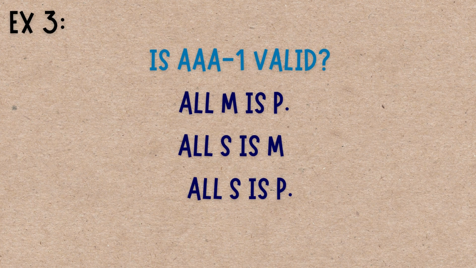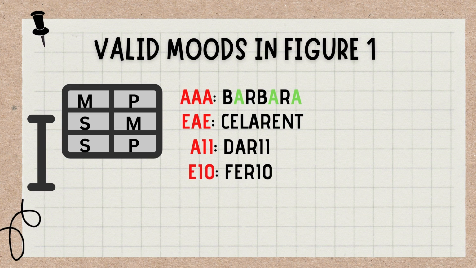Is AAA-1 valid? Let's check whether in figure 1 we have triple A or not. In figure 1 we have triple A. So this is a valid syllogism, we can conclude.